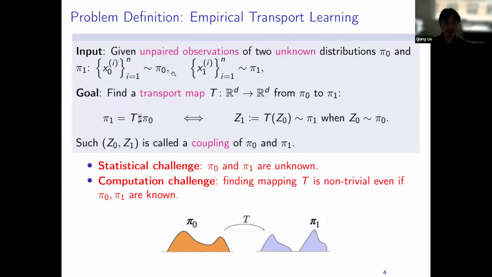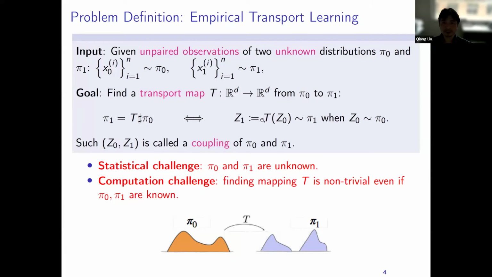To formulate the problem mathematically, we assume that we have two distributions, pi0 and pi1, which are unknown in our setting, and we have observations from them, right? And then the goal is to find the mapping T such that ideally, if we have lots of data, the map T transports samples from pi0 to pi1.